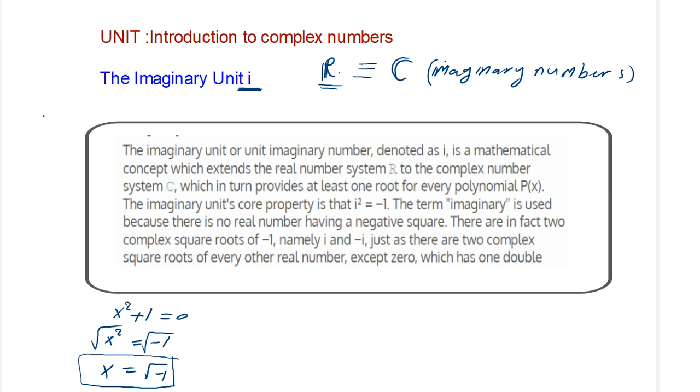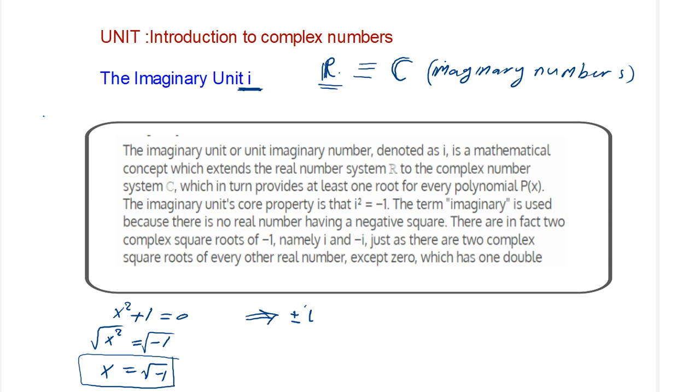But from this lesson on, we can't say that, because we know that there is an imaginary solution for this equation, and it equals plus or minus i, where i is the imaginary unit, and it is actually the square root of -1.